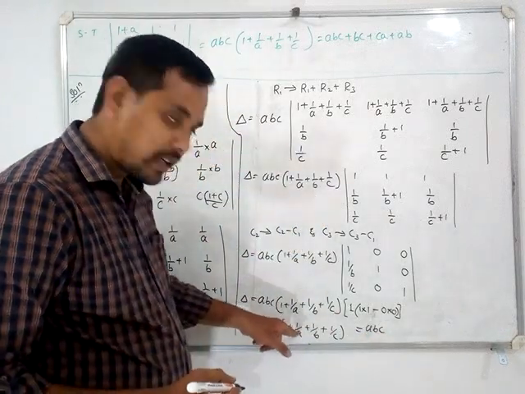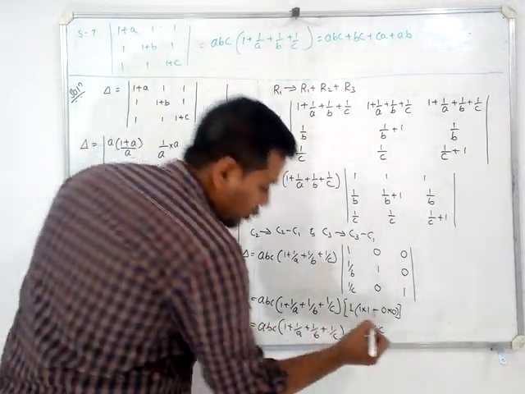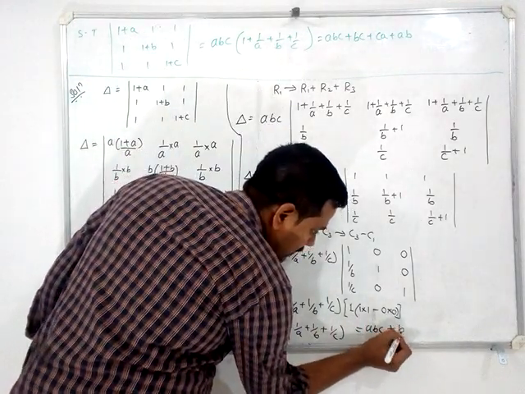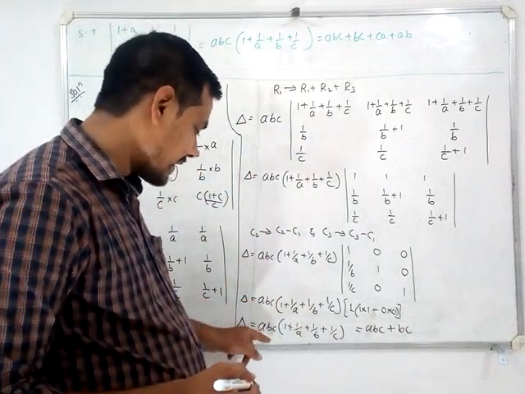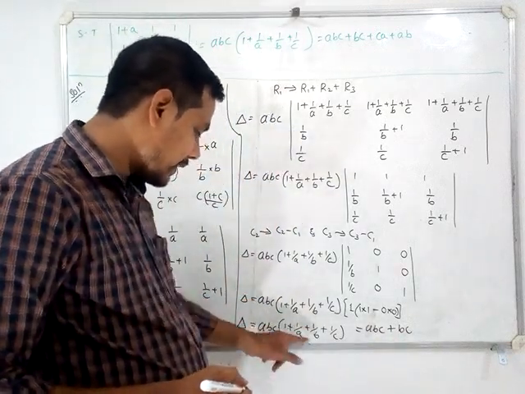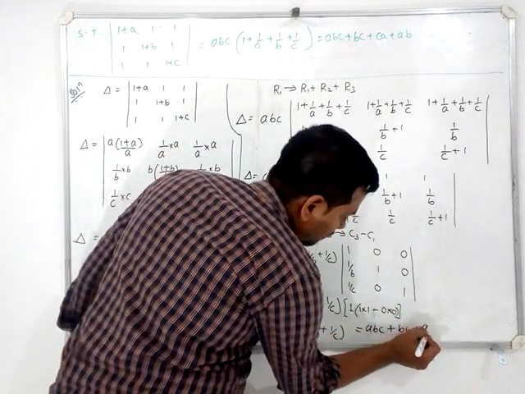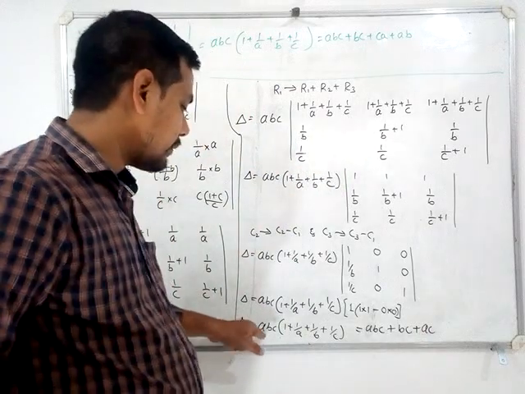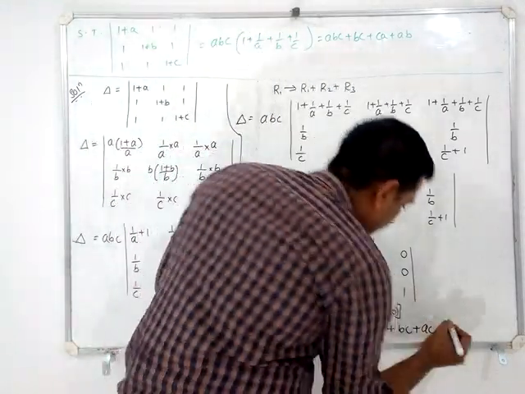When ABC is multiplied with 1 upon A, A and A will cancel. So what remains? B into C. When ABC is multiplied inside for 1 upon B, B and B cancel. What remains? AC. Right? Similarly, when ABC is multiplied inside with 1 upon C, C and C cancel. What remains? AB.